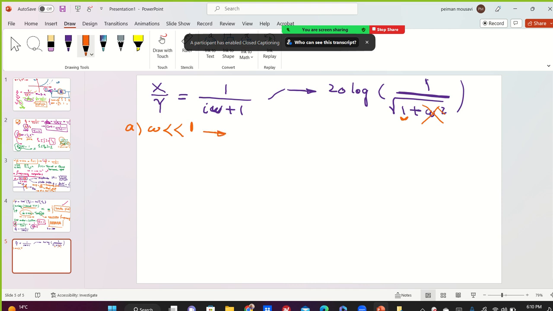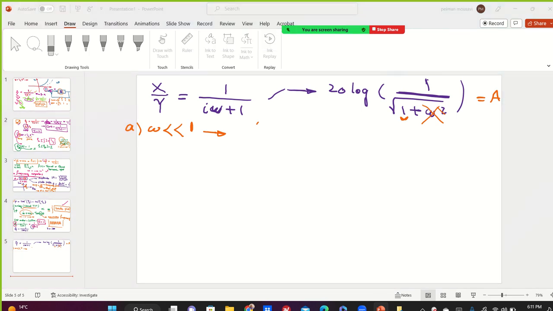So the amplitude of this X over Y, let me say A, becomes, oh, there is a malfunction. Probably because, okay. Oh, guys, hold on.